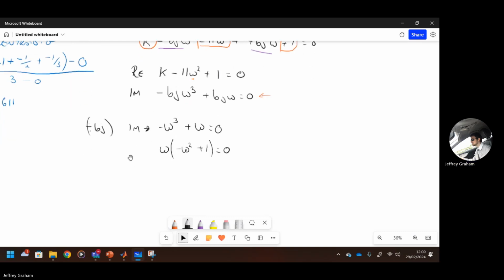Right. Two solutions. One is if you insert 0 in for a frequency at that point, obviously it multiplies all of that, comes out as naught. So one of the solutions says frequency to be 0. The other one is analyzing the brackets. Got that.